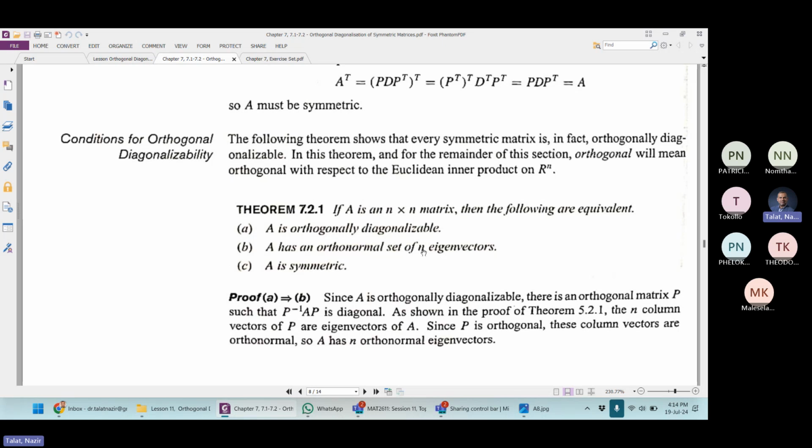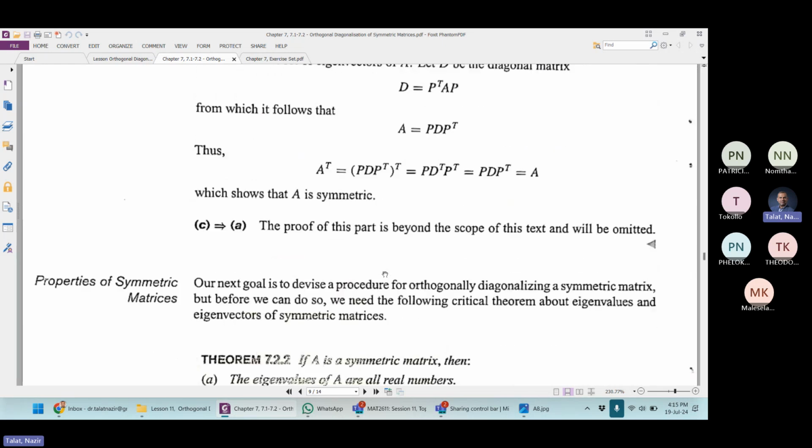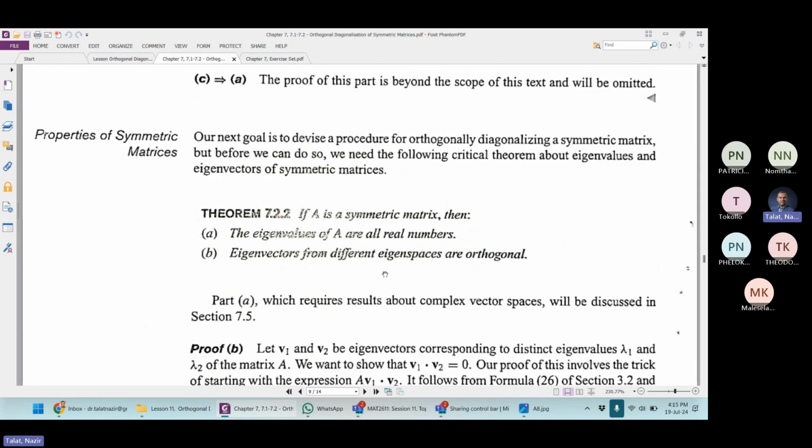And it contains n distinct eigenvectors. And moreover, the matrix A is also symmetric. Here we can see one of its results. There are some basic proofs. We will come towards the example, but let us see some other results regarding that.